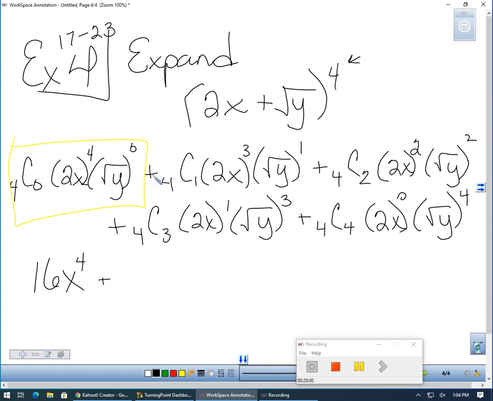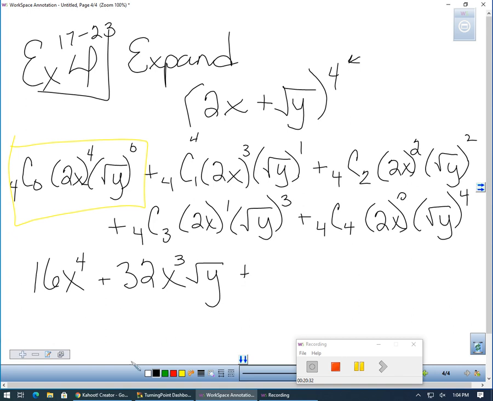Let's simplify this one. 4c1 is 4. 2x to the third is 8x to the third. Do you want me to multiply together first, or do it in 2 steps? Just multiply right off the bat? Okay, 4 times 8 is 32 x to the third, square root y.